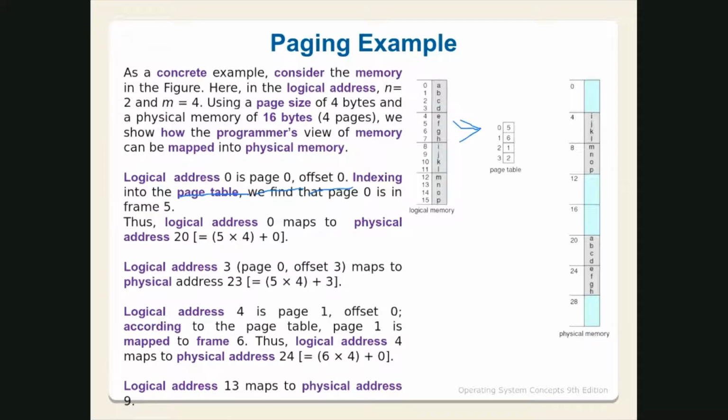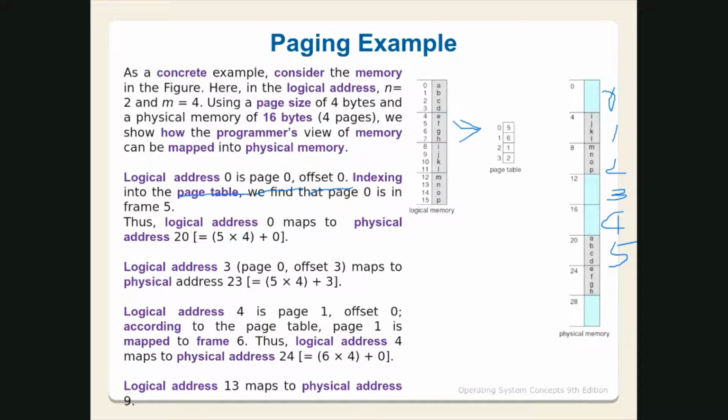Frame 0, frame 1, frame 2, frame 3, frame 4, and this is frame 5. If the number is not written here, you write it yourself. Page number and frame number start from 0.